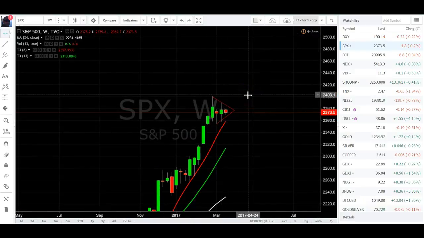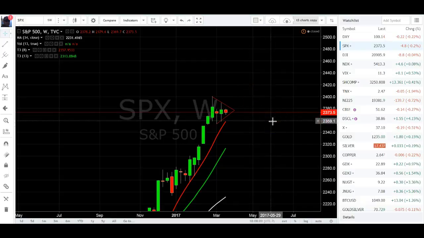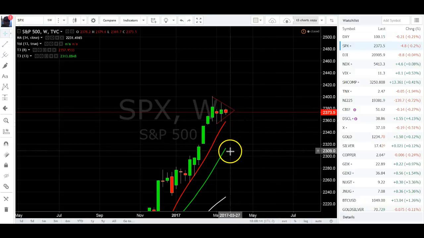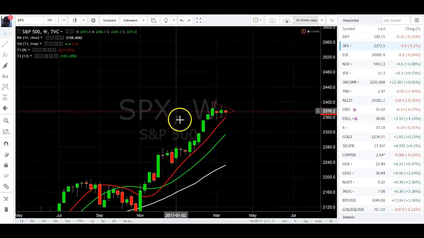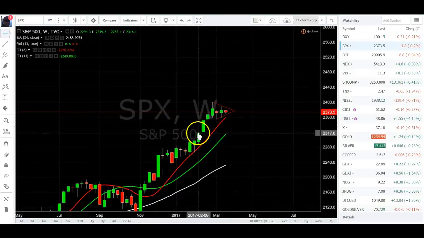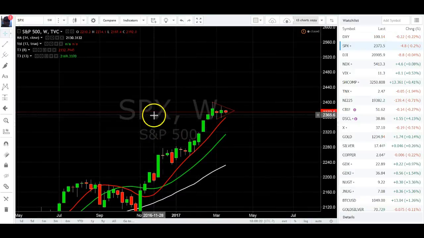Below the EMA 8, weekly close below, let's call it 2360. Anything below that, watch out below as it will come back into support, previous breaks. I do have a meeting line here, so that's good support, 23.